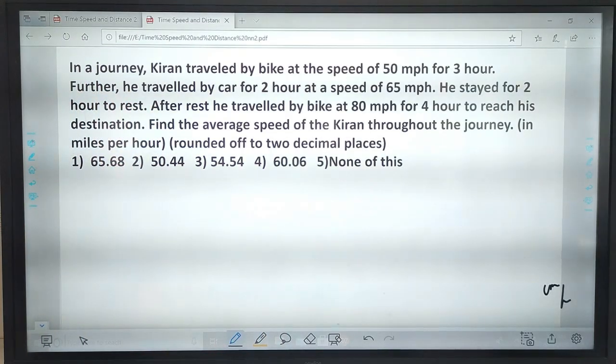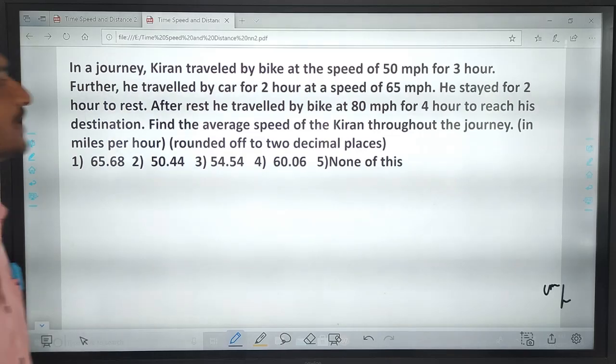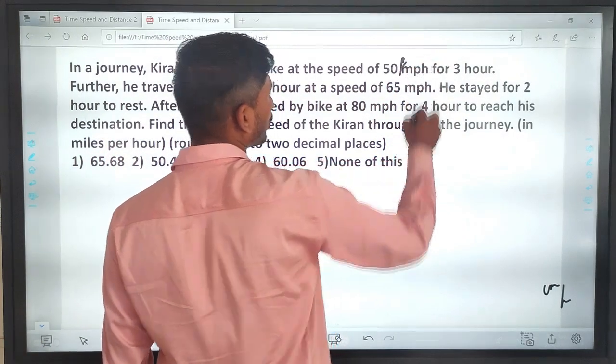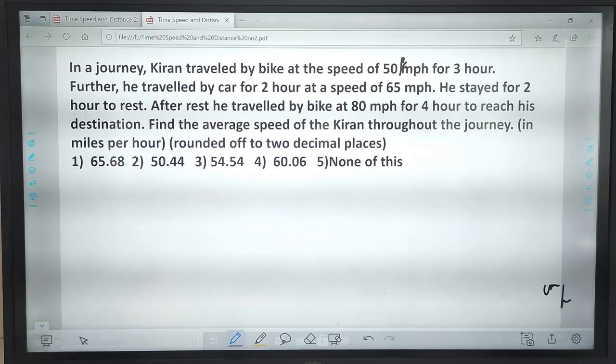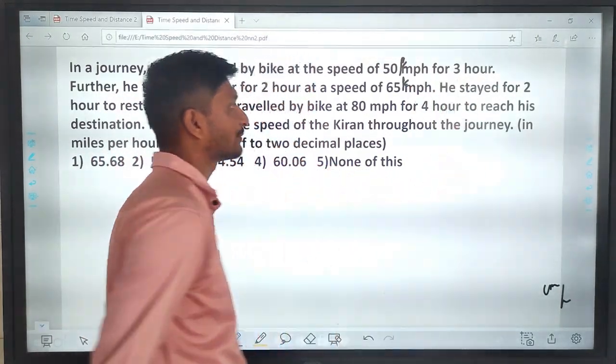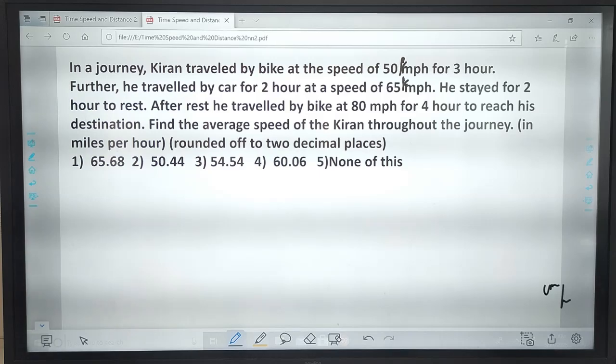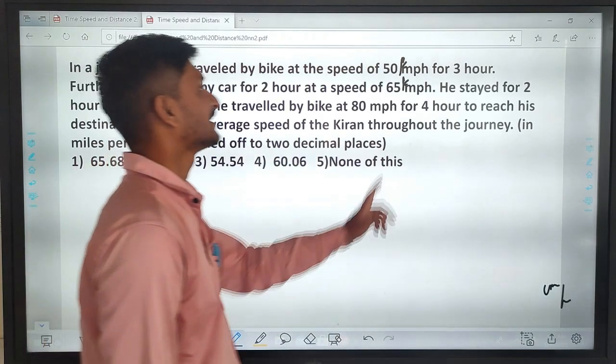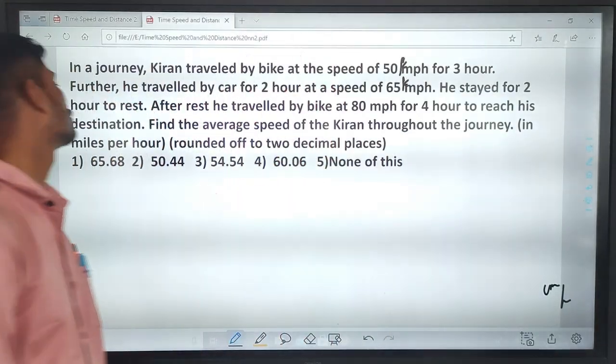In a journey, Kiran travels by bike at a speed of 50 km per hour for 3 hours. Further, he travels by car for 2 hours at a speed of 65 km per hour. He stayed for 2 hours to rest.